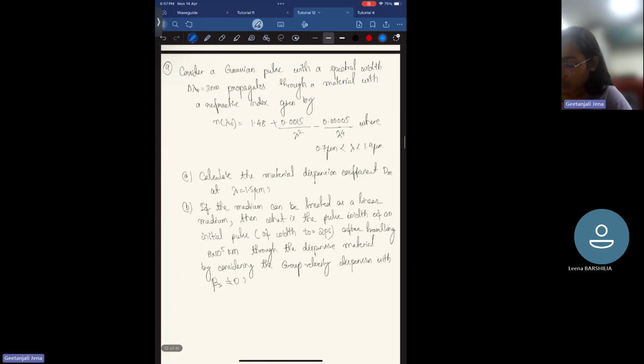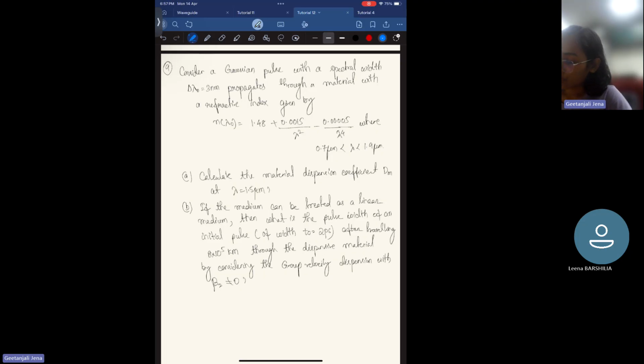Okay, so the next problem combines the concepts of week 4 as well as week 12. I have put it in the given question because it will revise your concepts as well as correlate the expression that we have seen before with the expression that we are seeing now.